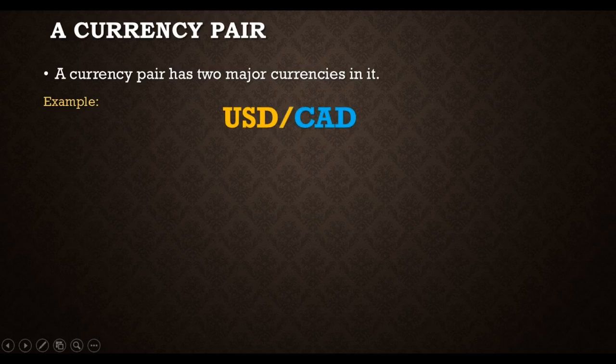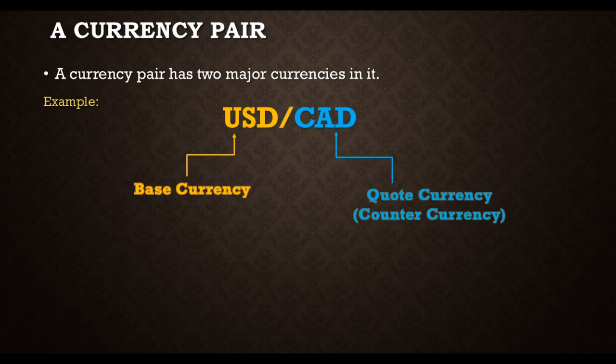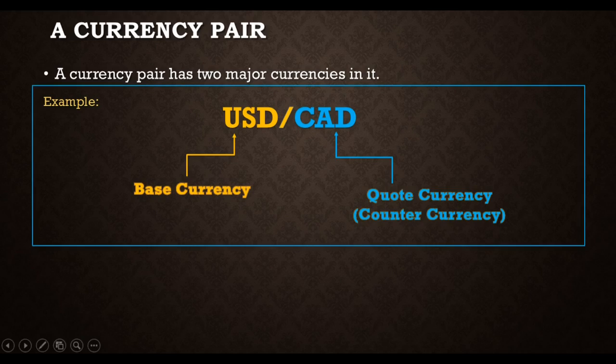In any currency pair, the first currency is called the base currency. Okay, the second currency here is called the quote currency or the counter currency. These are the major two currencies in a currency pair.